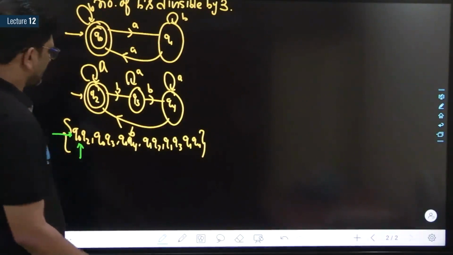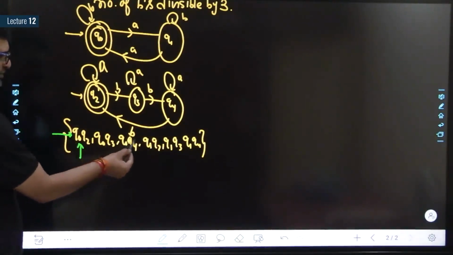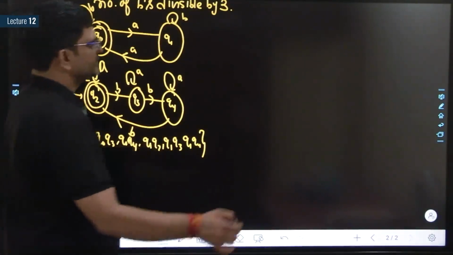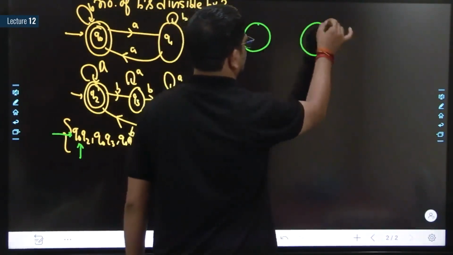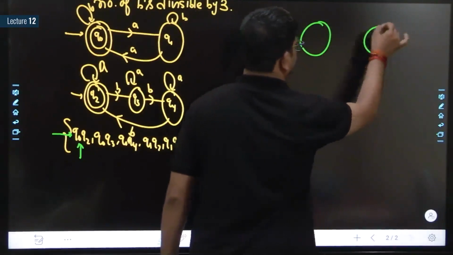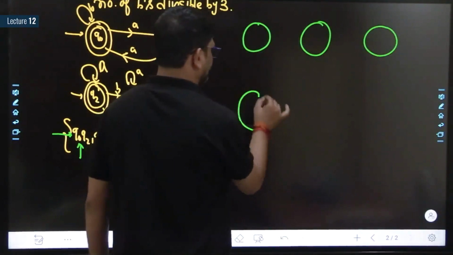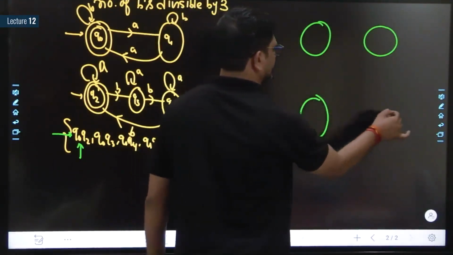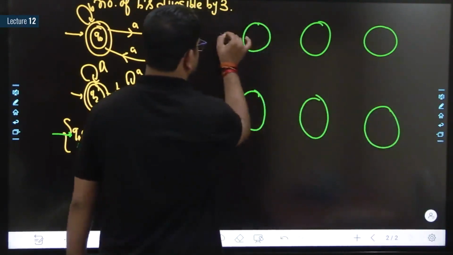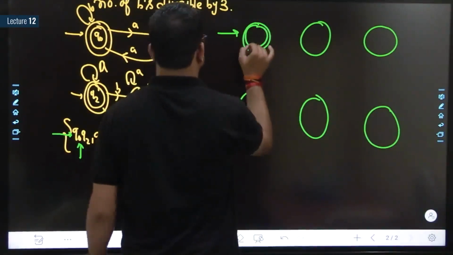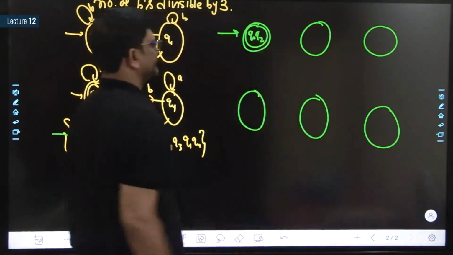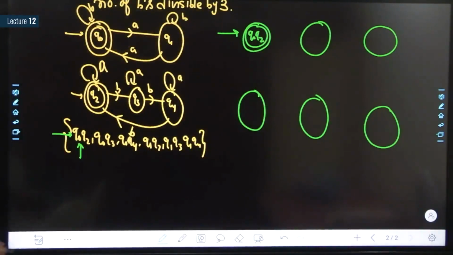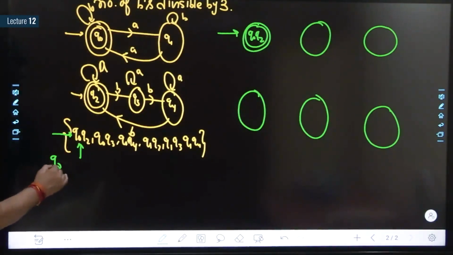Now, how many number of states? 1, 2, 3, 4, 5, 6. These are the 6 states. This one is initial and this one is final. What is the name of this state? Q0Q2. Now, find the transitions on Q0Q2.